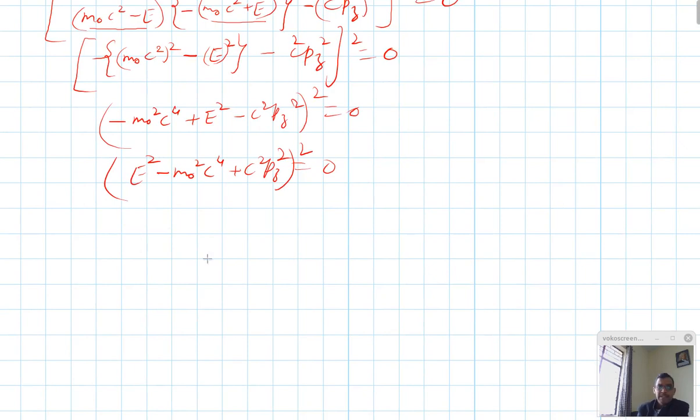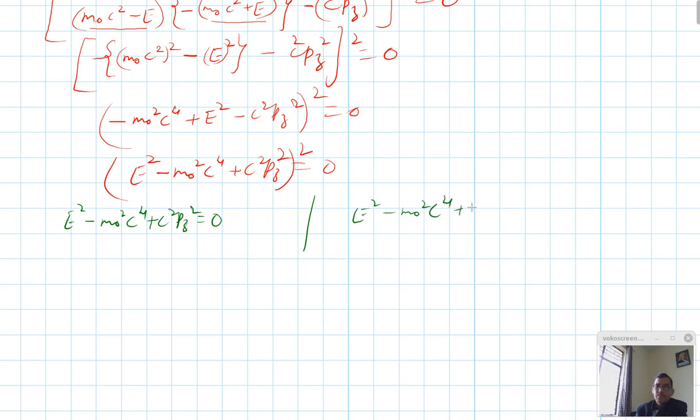So separately I can say that this is E square minus m naught square c4 plus c square pz square is equal to 0. This is the mathematical interpretation, means each factor must be equal to 0 and both are identical.